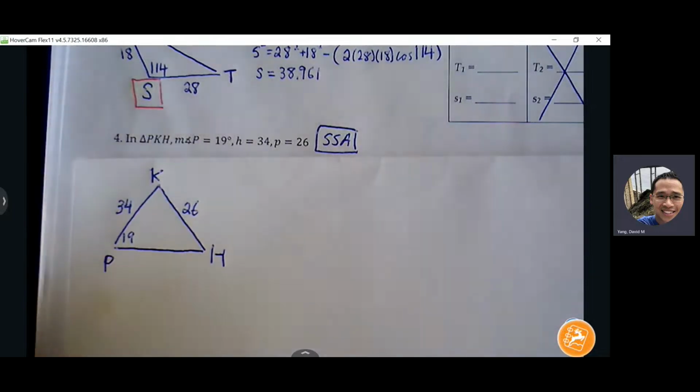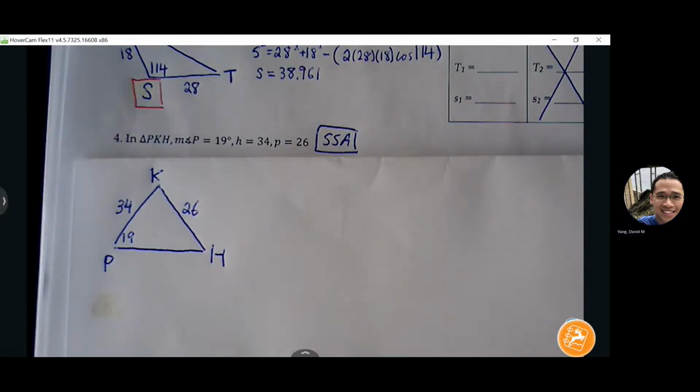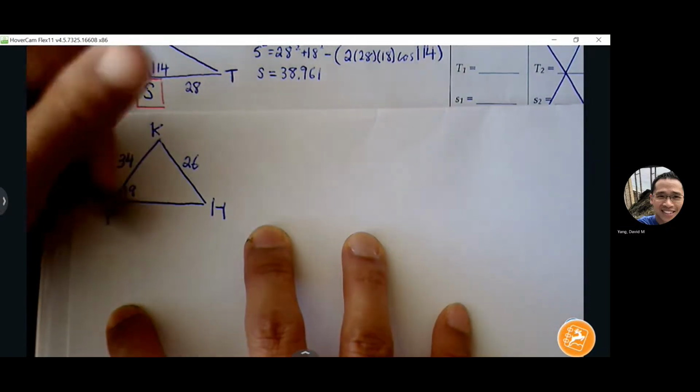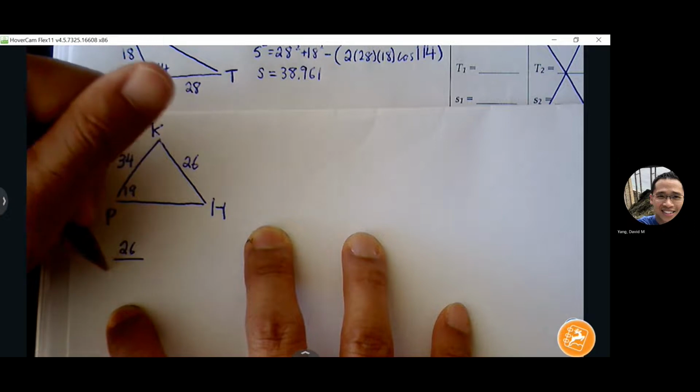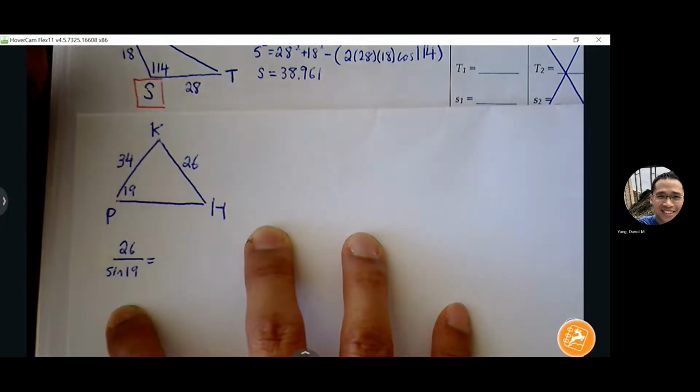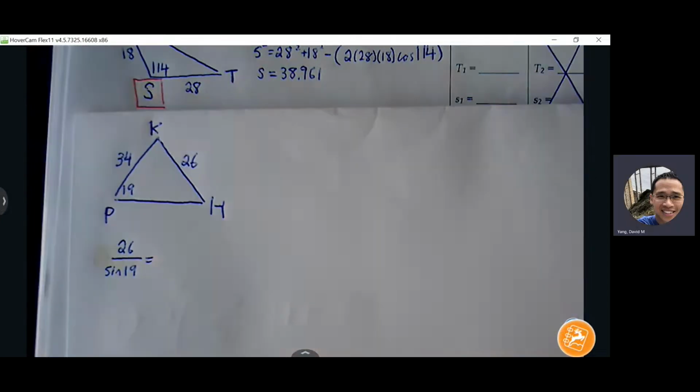I will solve for K first. I'm sorry, I got to do H first. My bad.